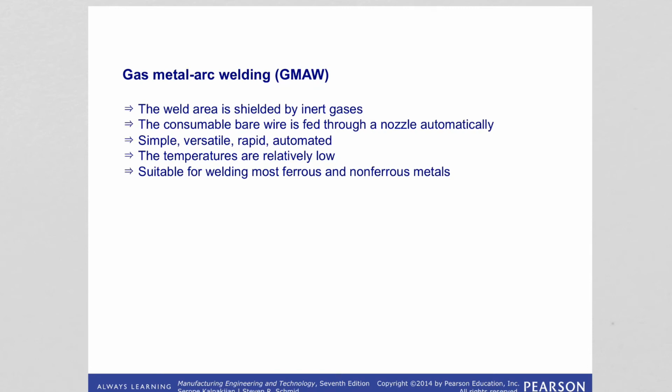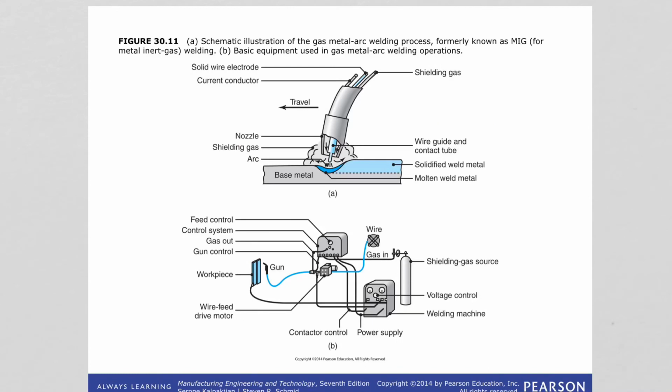This technique can be applied to all metals, like steels, aluminum alloys, magnesium alloys, copper, and nickel. These are the most common ones. Here you see the shielding gases being fed together with the electrode that keeps becoming a part of the weld.